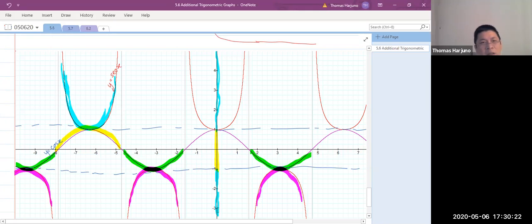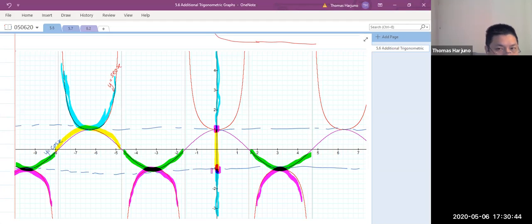So in some sense, they complement each other, except that they share 1 and -1. We will later see that the way we graph secant is based on how we graph cosine.